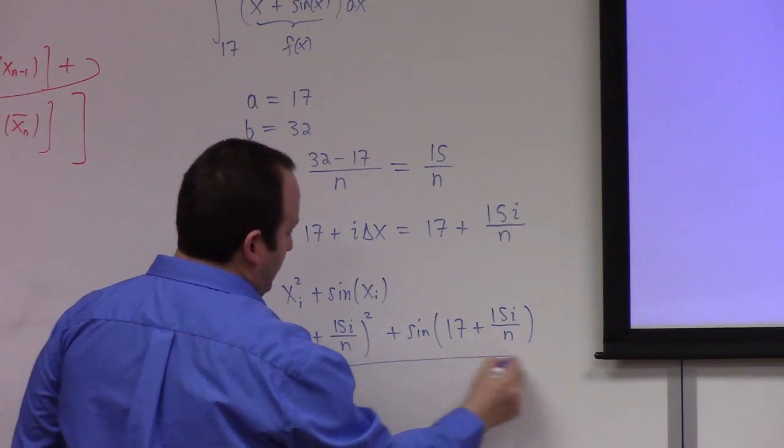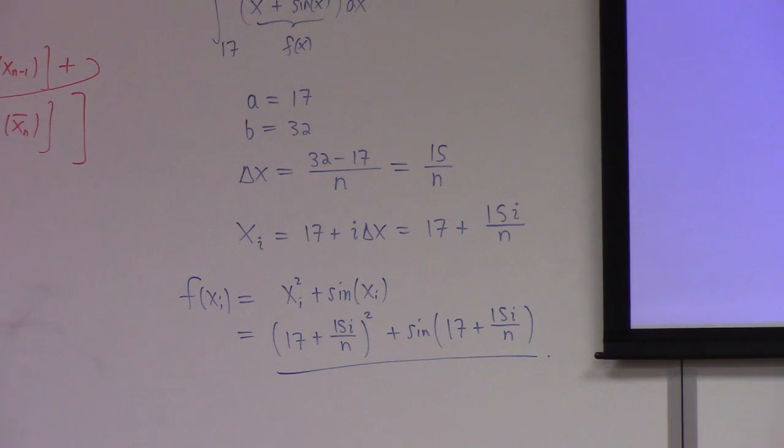So what I'm trying to tell you is these formulas look simple enough, and the idea is rather naive, but the actual implementation of these formulas for a specific function can look kind of hairy. All right? Are we good?